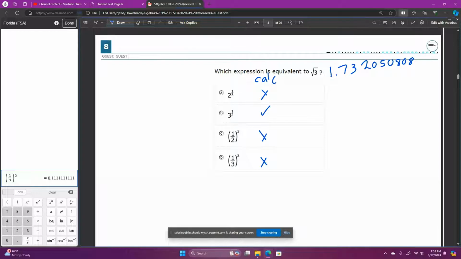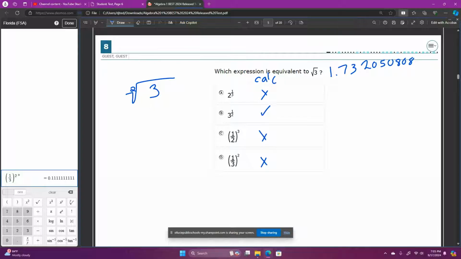The other way to know what this answer is by thinking about, okay, what is a square root? Square root of 3. This checky box, the square root, has an invisible number in the checky box. What is that? It's a 2. And what is a square root? Square root is the opposite of something squared. So they cancel each other out, right?